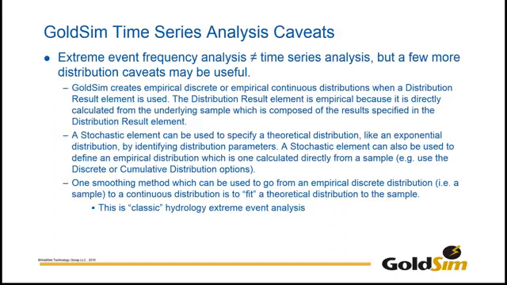You could use a stochastic element to estimate a theoretical distribution using a parameter. The classic example of that is the exponential distribution using the mean of a sample. But what GoldSim is doing in the distribution element is not the same thing as that. It's just calculating a smooth distribution based off the sample, not fitting a theoretical distribution.